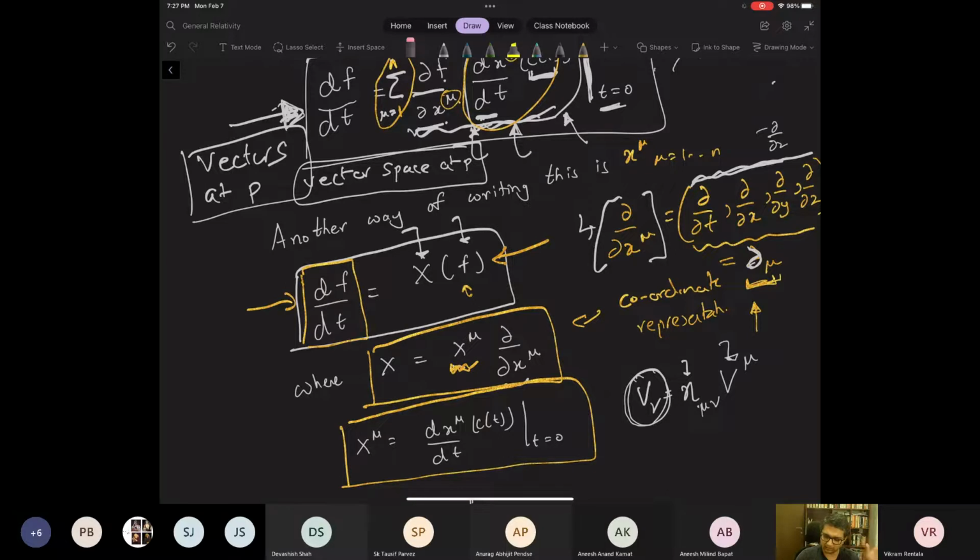At the moment, all I mean by this is just this collection of 4 derivatives. This partial x mu just means this collection of 4 derivatives, for each value of mu. Any other questions?